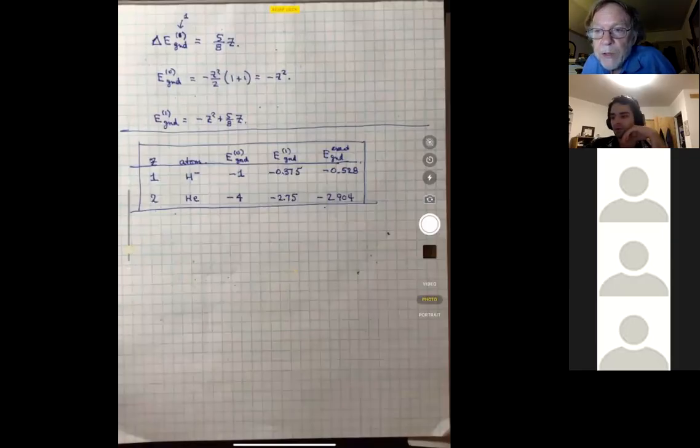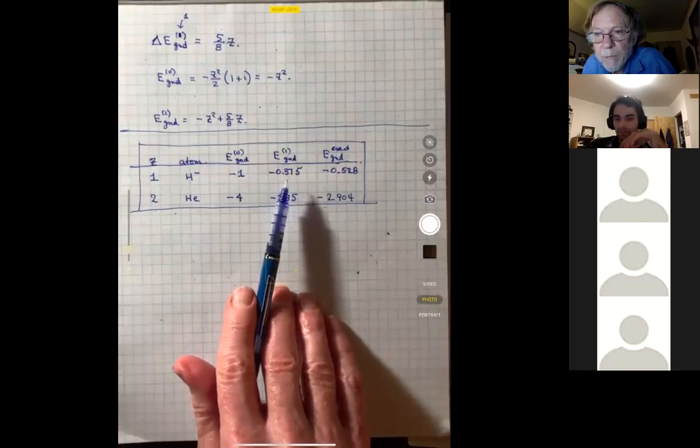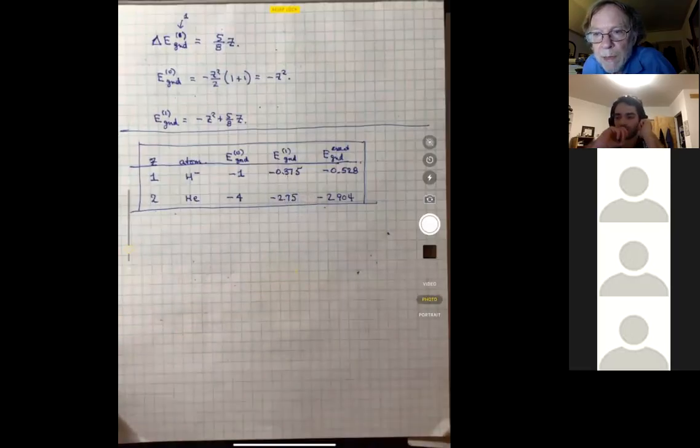So putting yourself in the shoes of a theorist in those days, you have a theoretical problem. Can we predict theoretically whether or not H minus exists as a bound state? Well, if we had been able to get a variational estimate on the ground state energy which was below the continuum threshold, then that would prove that there was a bound state.